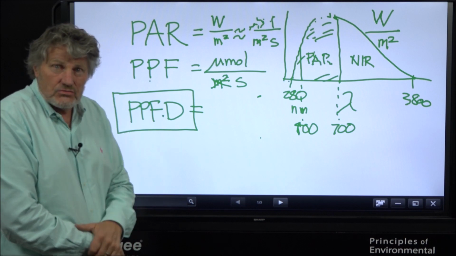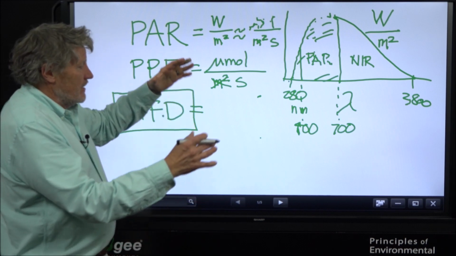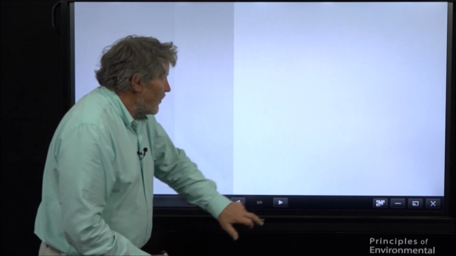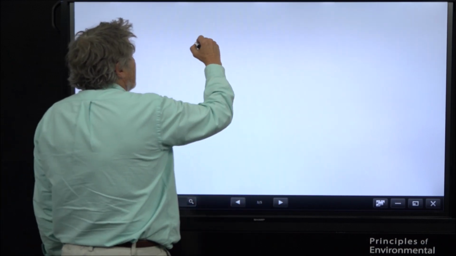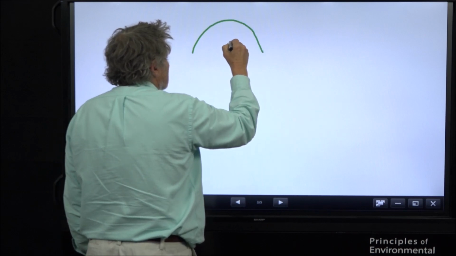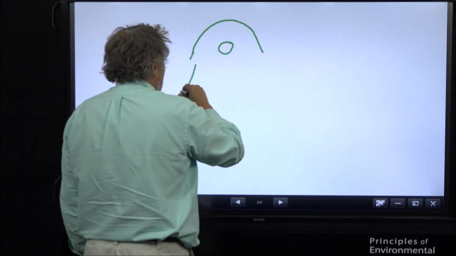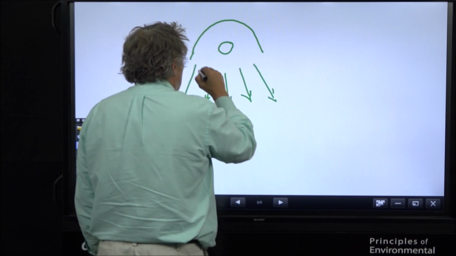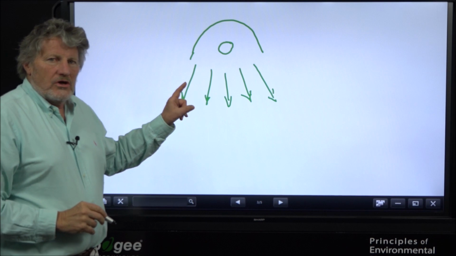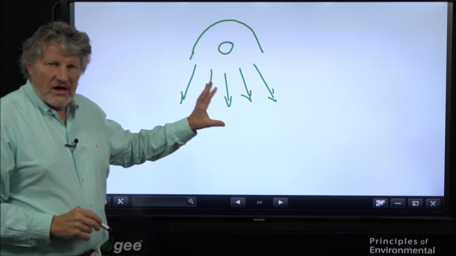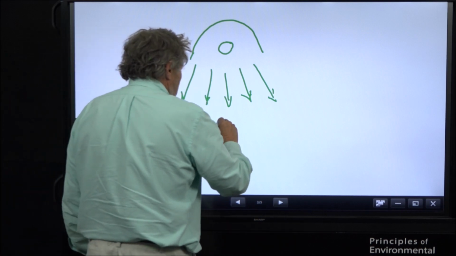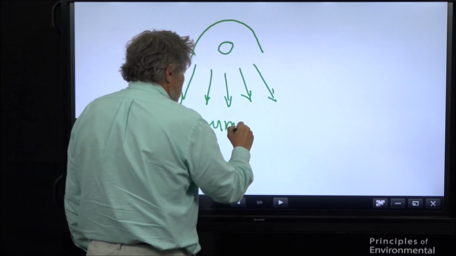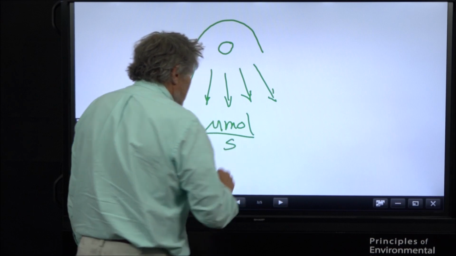An example of this would be, let's take a light. If we're testing some light, and this has photons coming out of it, if we want to know the total number of photons out of this light, we would do a PPF in micromoles per second.